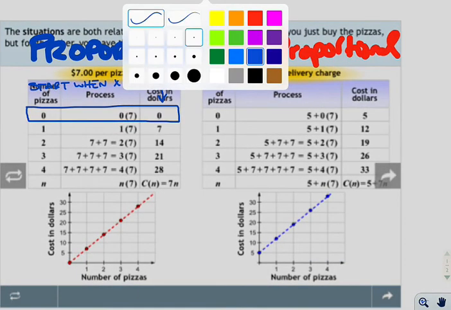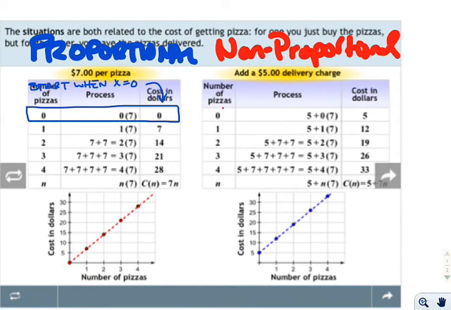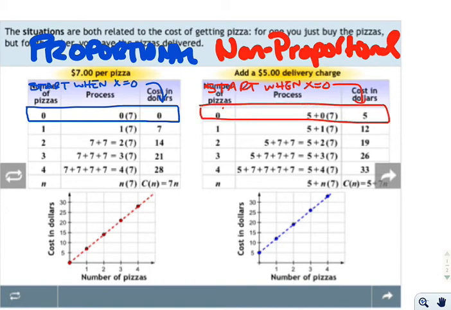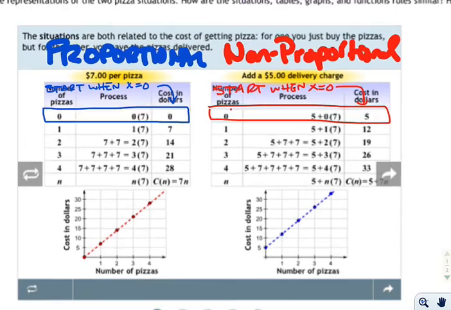Over here on the non-proportional side, when x equals 0, we should notice that we're not starting at 0. This is ultimately the quickest way to tell if you're dealing with a proportional or non-proportional relationship, with the assumption that, of course, it is linear: where the table is starting when x equals 0.